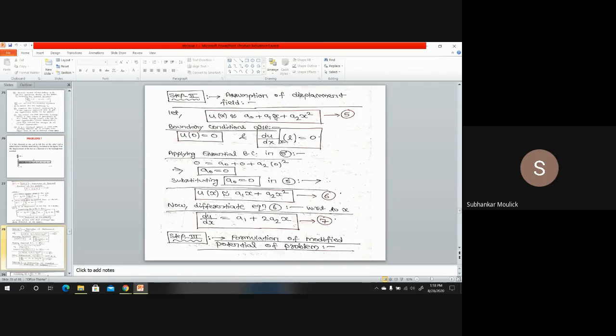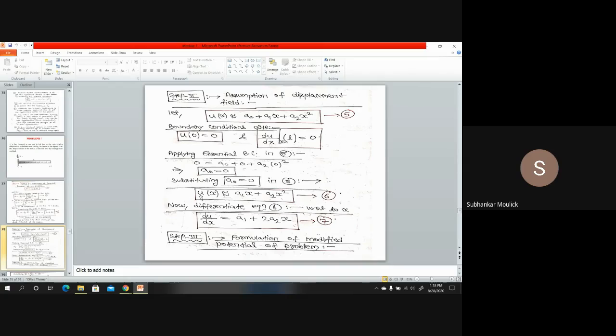So what we did, we applied this essential boundary condition in the assumed displacement field, that is, the value of u is 0 when x is 0. When you put this boundary condition in equation number 5, you will get a0 is equal to 0. Then put this a0 in the assumed displacement field equation.